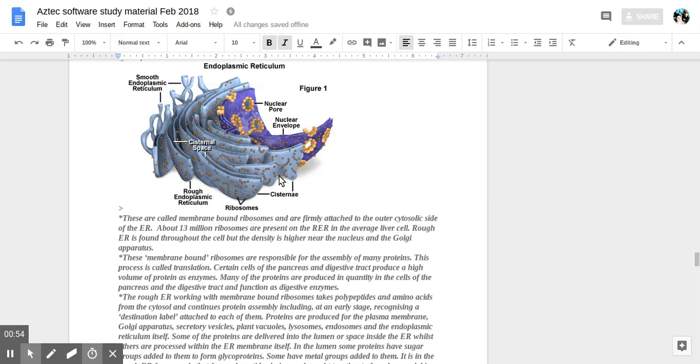So whenever the mRNA molecules come out of the nuclear pores on the nuclear envelope, they come onto the ribosomes and proteins are synthesized off the mRNA chains.